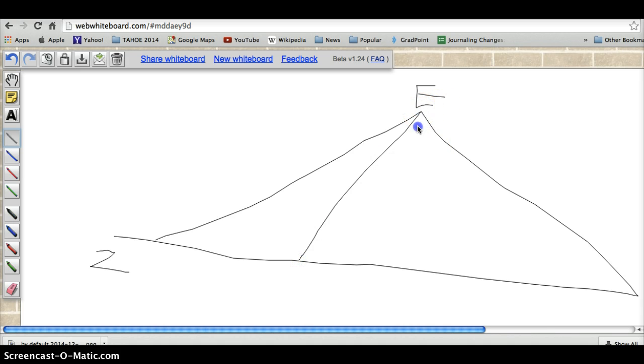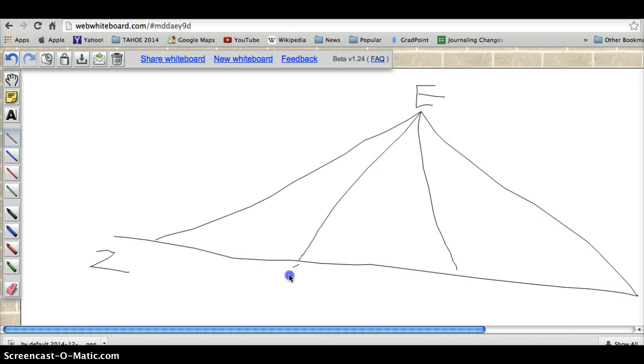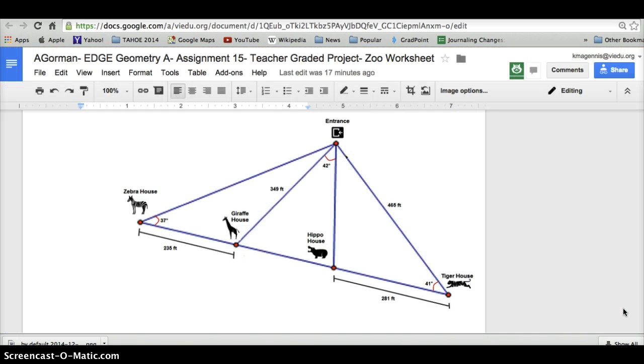It's not really to scale. We have G for giraffe here, H for hippo here, and I believe the last one is the tiger.